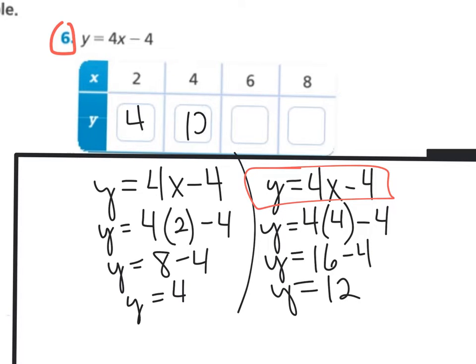Okay. So when you work that out, when x is 4, you should get 12. We could go through the process for the others, but I think you get the idea. You could work those on your own just to double check that you know what you're doing. But the next numbers should be 20 and 28 if you work that out. Okay?